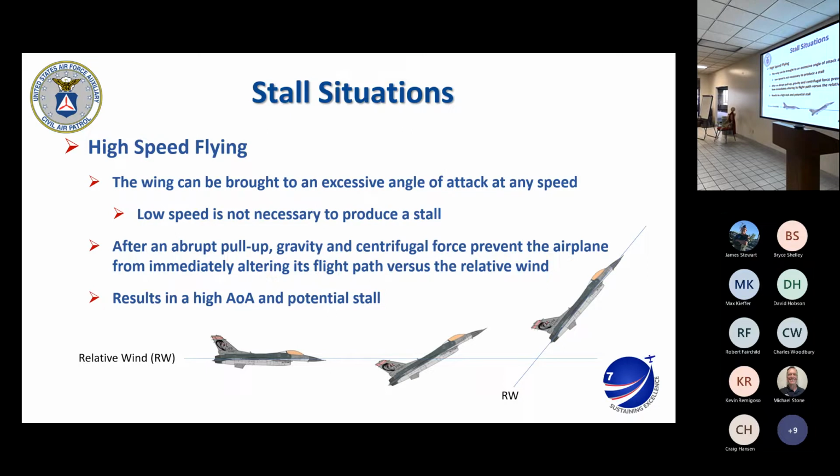When I was doing initial CFI training at a university down south, I would ask my applicants, I want you to show me a stall at 80 knots and show me no stall at 0 knots. They'd say, how can you do that? I'd send them away to research this.